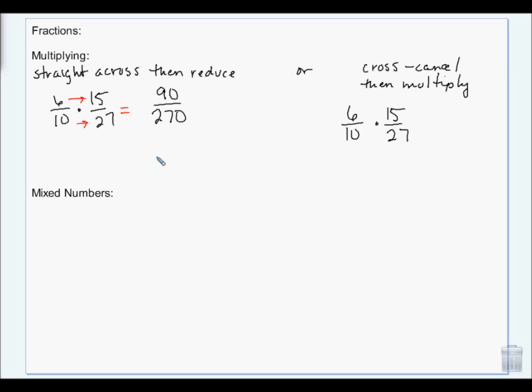I can then reduce that. Just from looking at this, I know it's going to divide by 9. Which will give me 10 over 30. Which will then divide by 10. Which is going to give me 1/3.